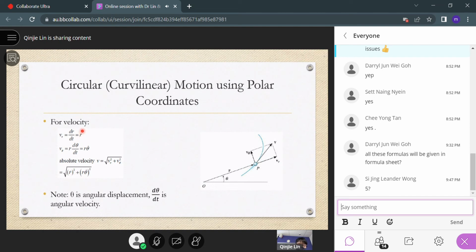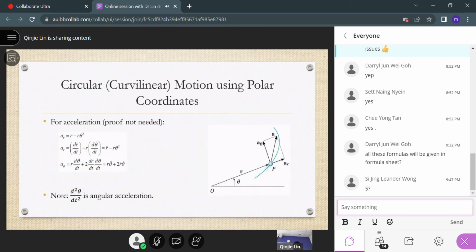If you see a dot on top, like R dot, it means differentiation, differentiate one time. If you see two dots, it means differentiate two times. It's another way of writing differentiation. That's why you see dr over dt means r dot. And same thing, same kind of axes, just now it is velocity.